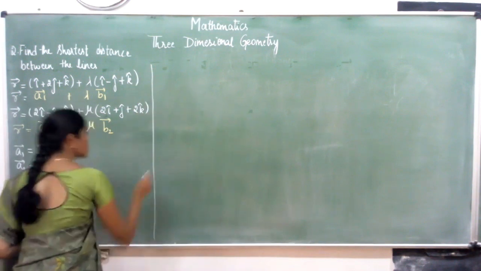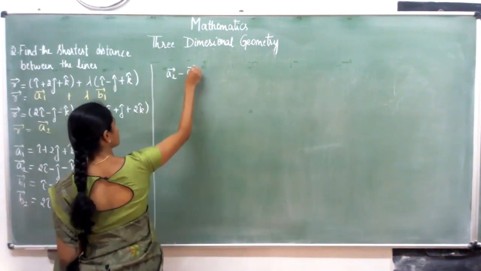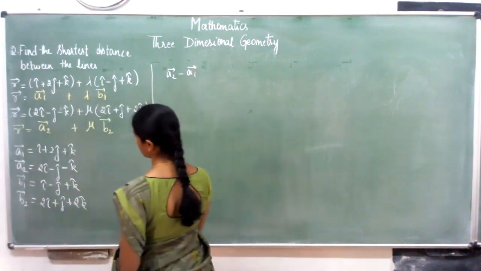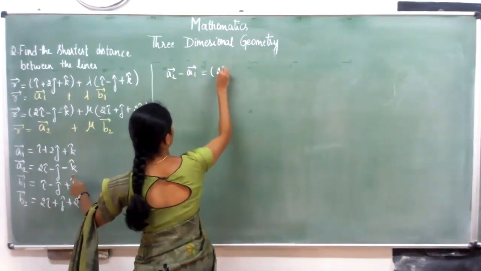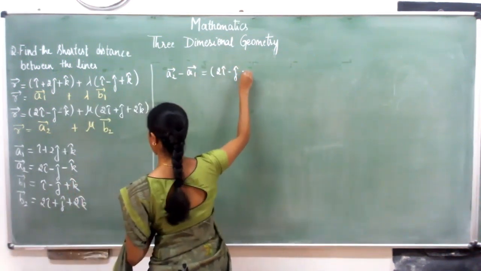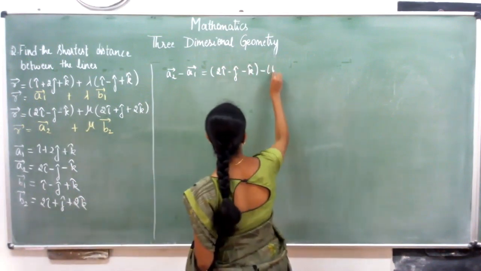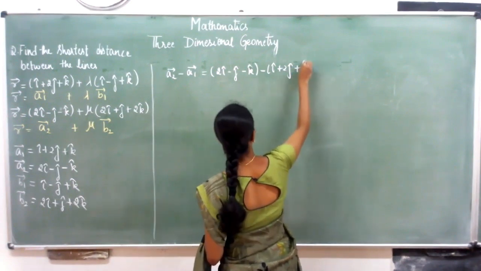So the next step is to find vector a2 minus vector a1. Vector a2, which is 2i cap minus j cap minus k cap, minus vector a1, which is i cap plus 2j cap plus k cap.